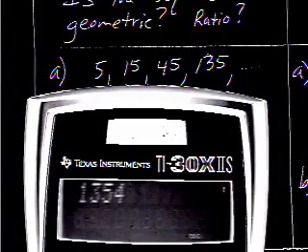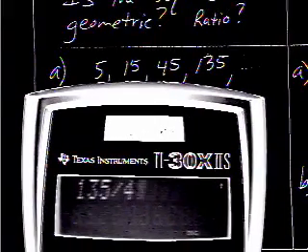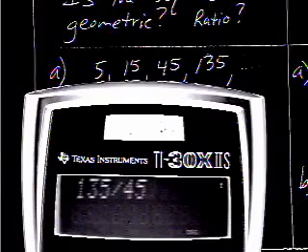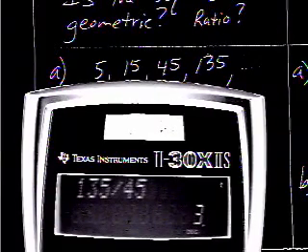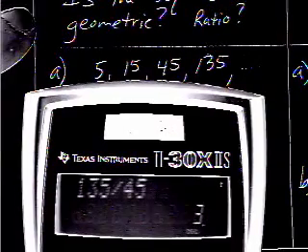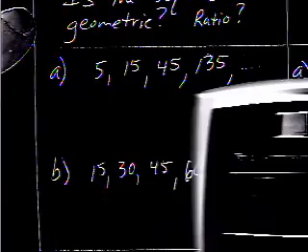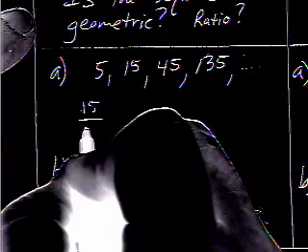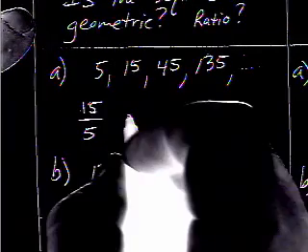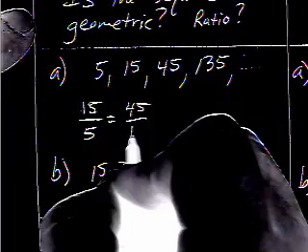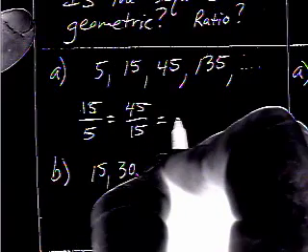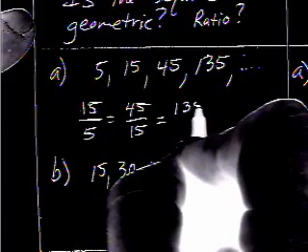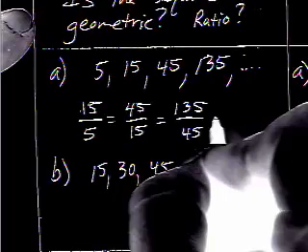And 135 divided by 45 also ends up being 3. Every time we took the term divided by its previous term, we got 3. So that must mean that yes, it is indeed geometric, and that the R value is that number 3.